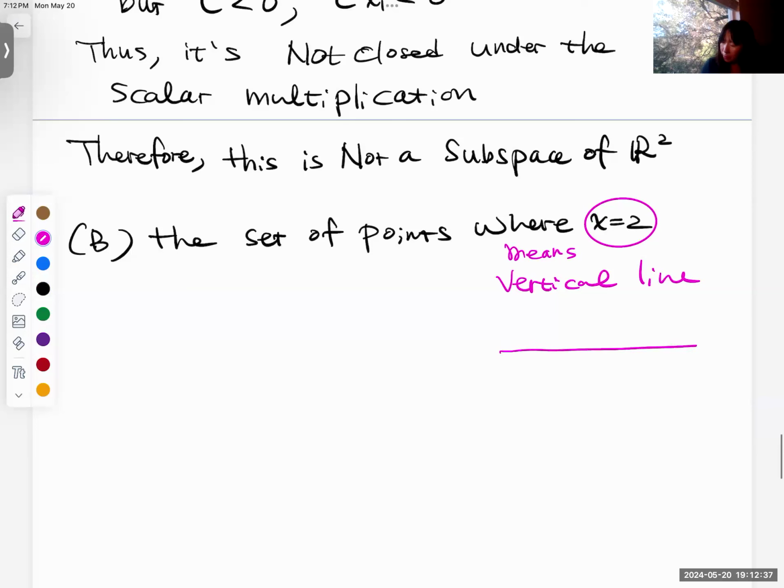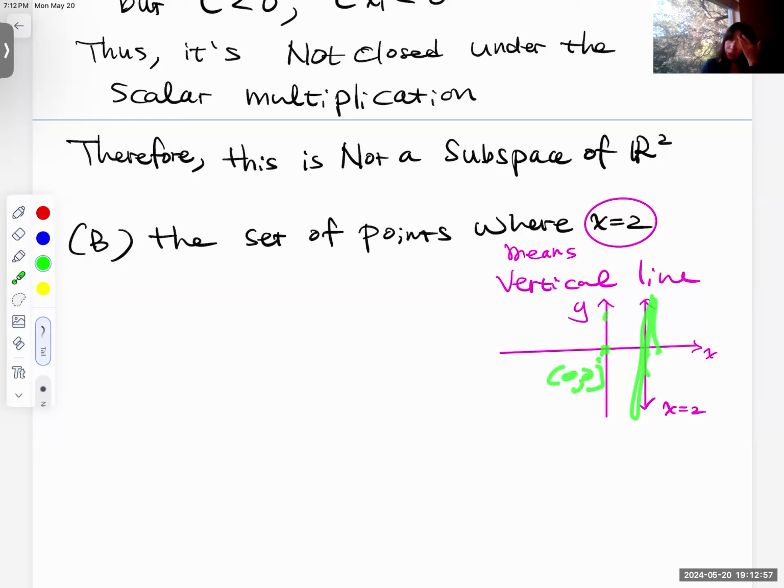Which is x equal to 2, right? Okay. In that case, there is no 0, 0, right? This is 0, 0. Yeah. So 0 vector is not in there.